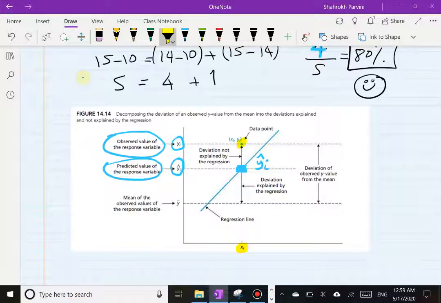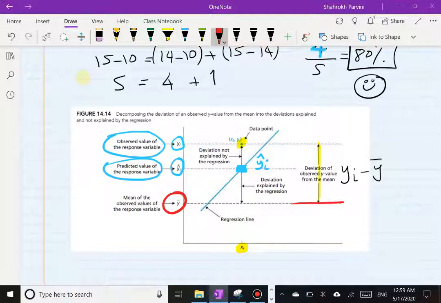So if you look at this distance, again, the deviation of the observed y value from the mean, symbolically, that's going to be yi minus y bar. And the reason is because this is y bar right in here. See, that's where the y bar comes in.